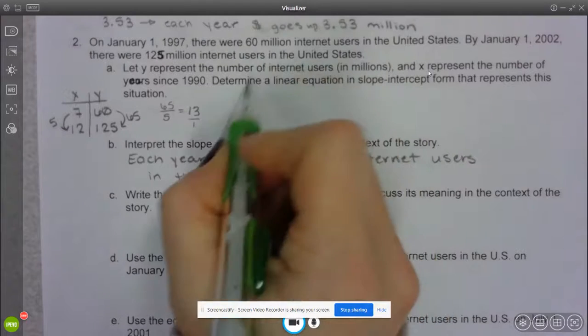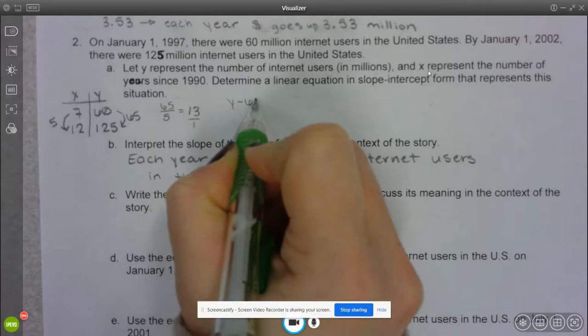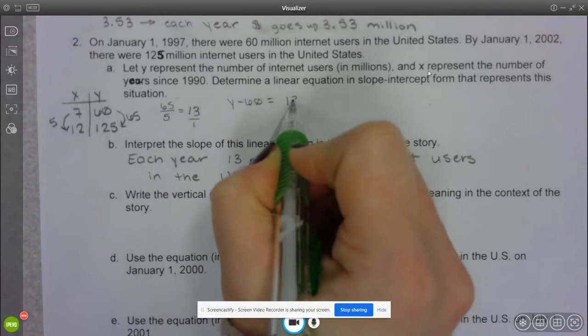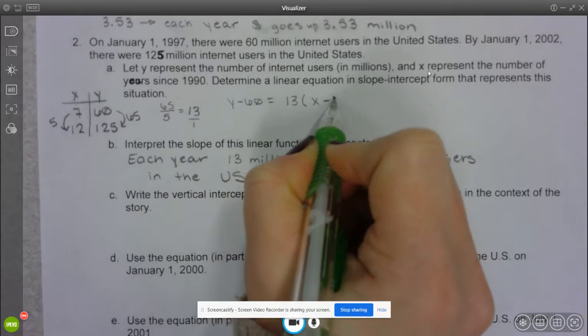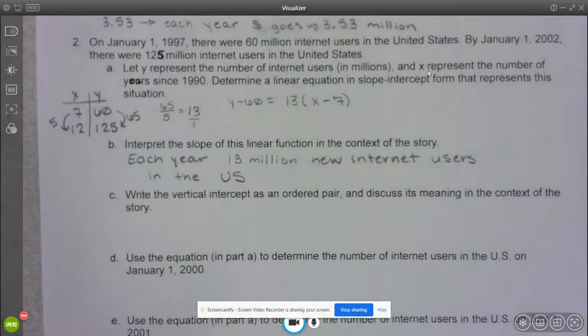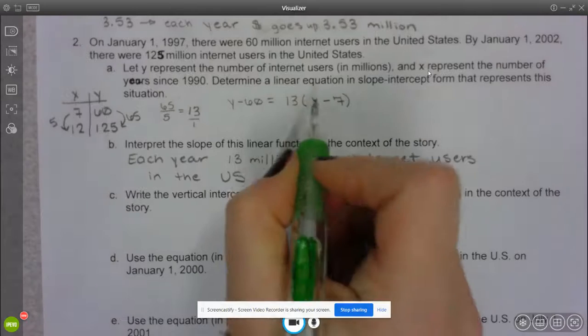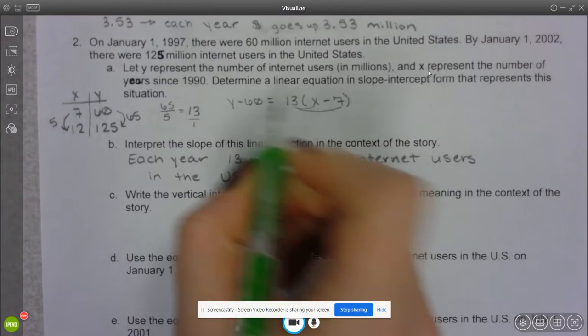So now going to write our equation, I'm going to do y minus 60 equals 13 times x minus 7. And my goal is to get this in slope-intercept form. So I'm going to distribute the 13.